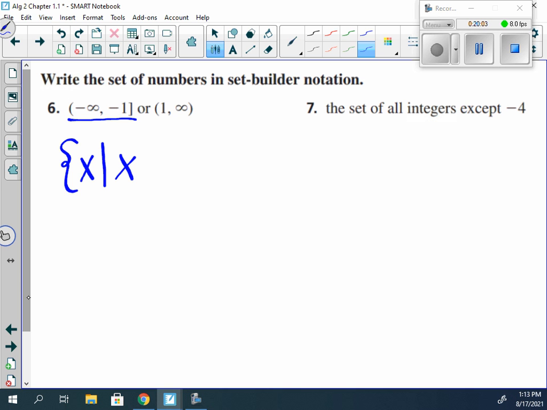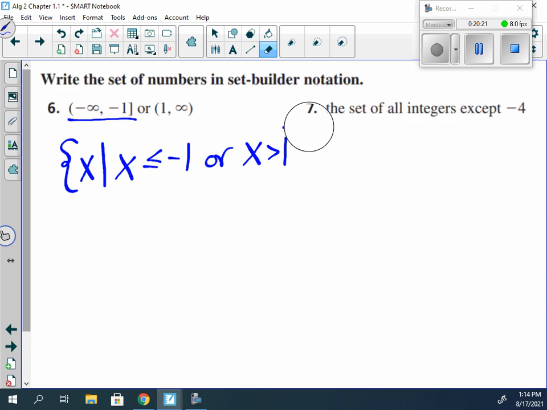Less than or equal to -1. Yes. Or again. And that's it.